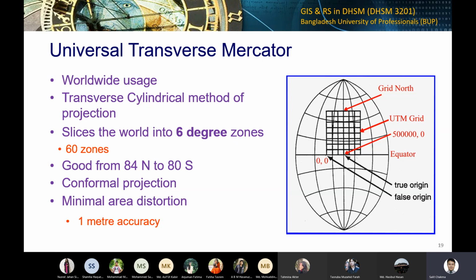Now, what are the 60 zones? If you Google, for example, the location of Bangladesh in UTM, you will find that Bangladesh is located at 45N and 46N. Okay, 45 and 46 north. And why north?